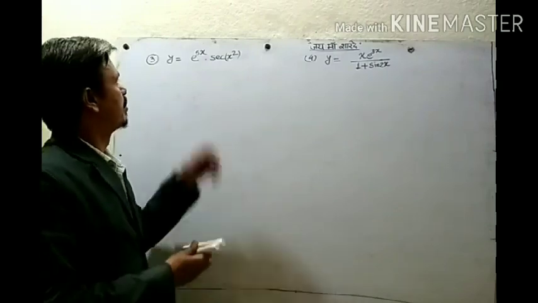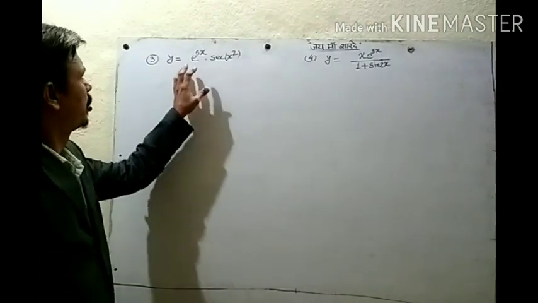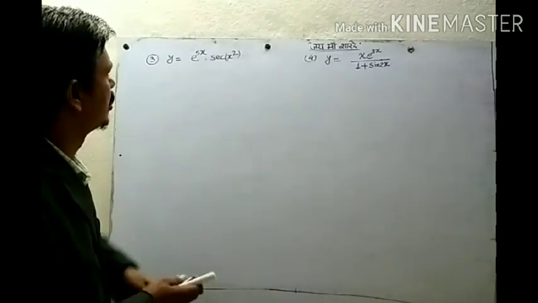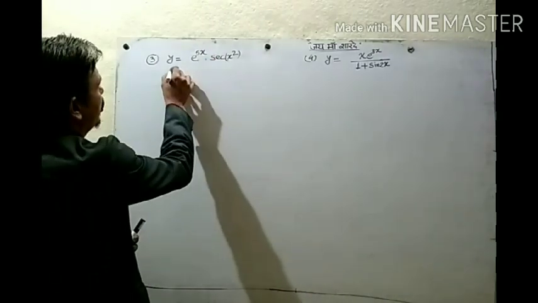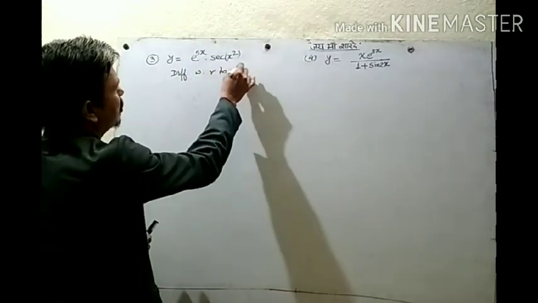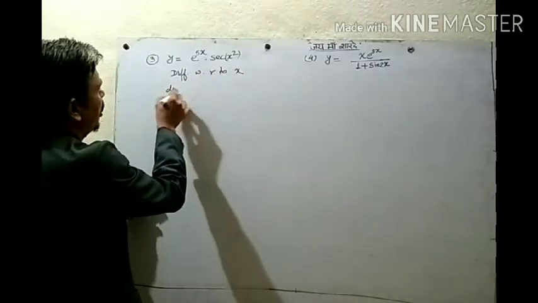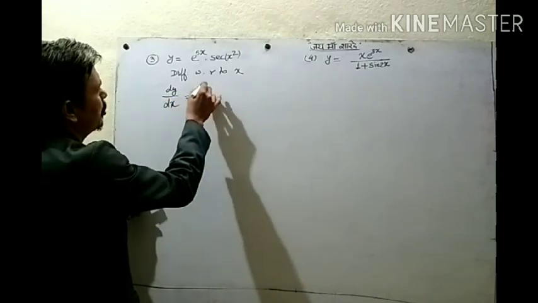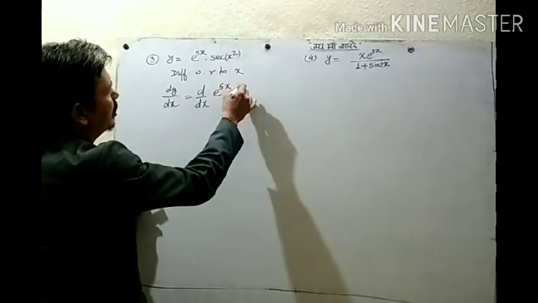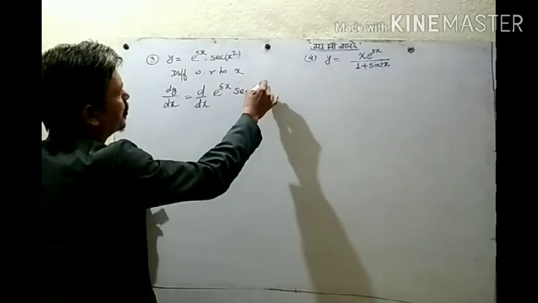Let's see some more examples. We have to differentiate e to the power 5x into sec of x square. So first, differentiating with respect to x, we get dy by dx is equal to the derivative of e to the power 5x into sec of x square.